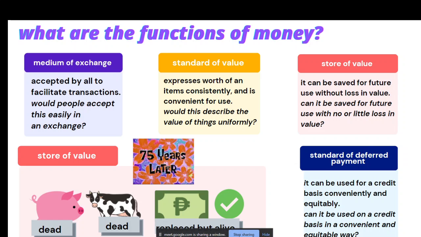Right? So, there's still value in paper money. Pero, yung pig natin, tsaka yung cow natin, hindi siya valuable after 75 years, after 20 years, after 10 years. Kasi nga, mamamatay na sila. 'Di ba? Pero yung pera na ginagamit natin ngayon, may value pa rin.